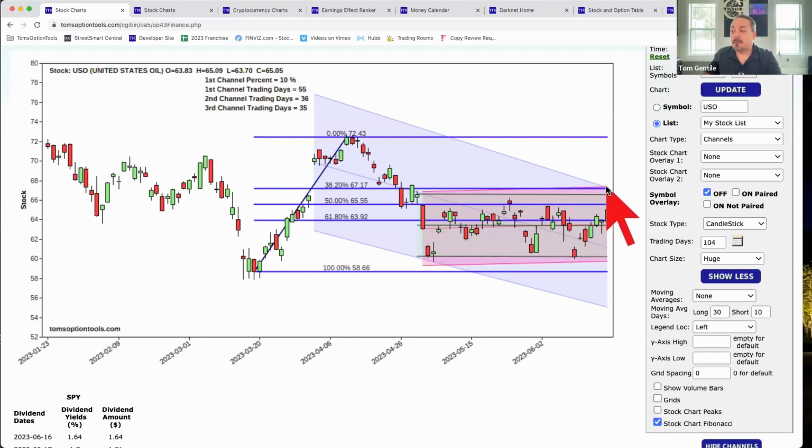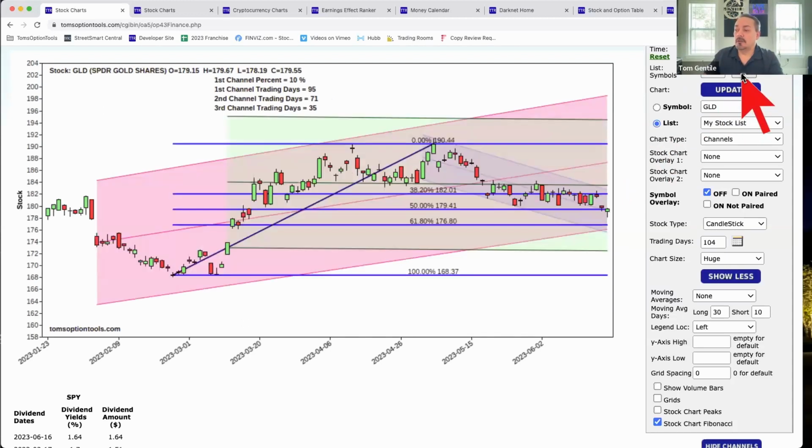Imagine if we can break out above this resistance area, which is around 67.17, then we could see oil run up. And my idea as a pattern trader is oil typically goes higher between mid-February and mid-July. I'd love to see this thing pop above 67.17. I'll go long then with the idea of getting out in about 30 days with USO.